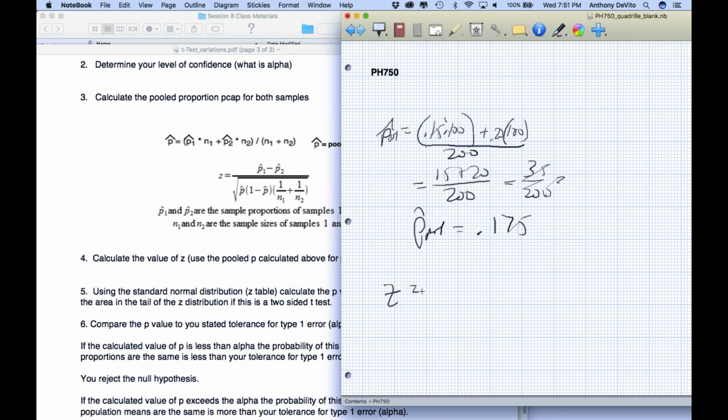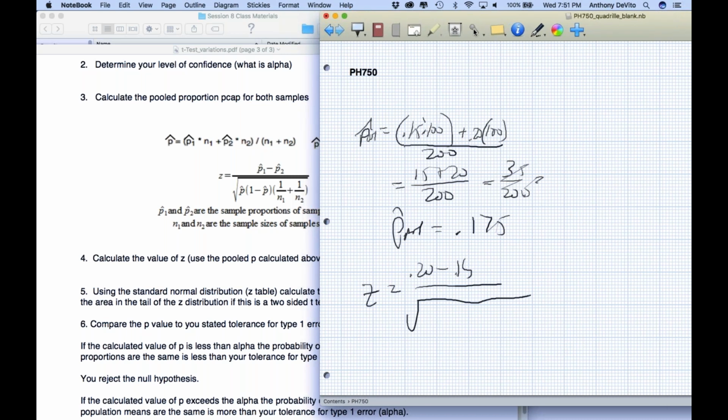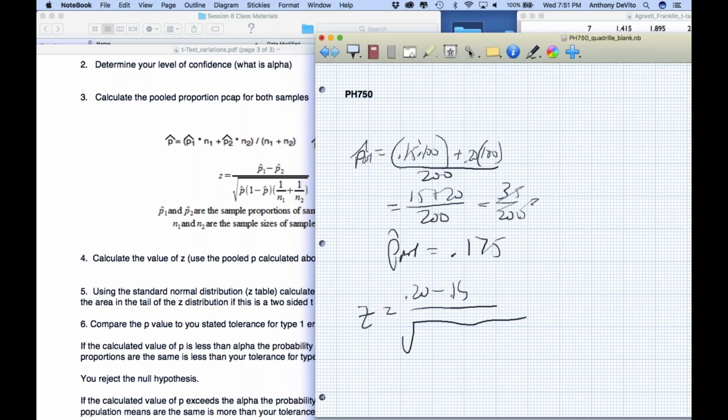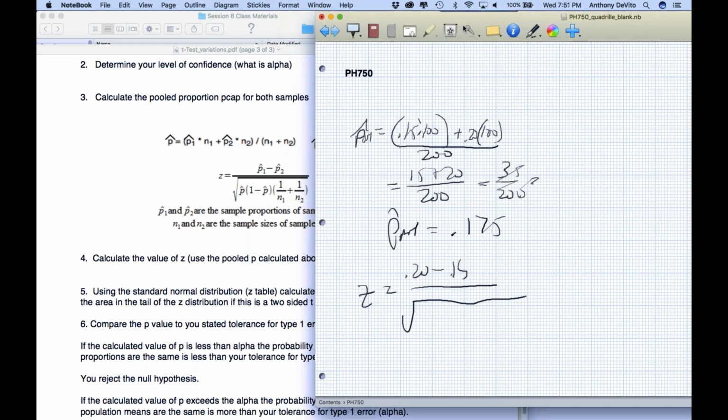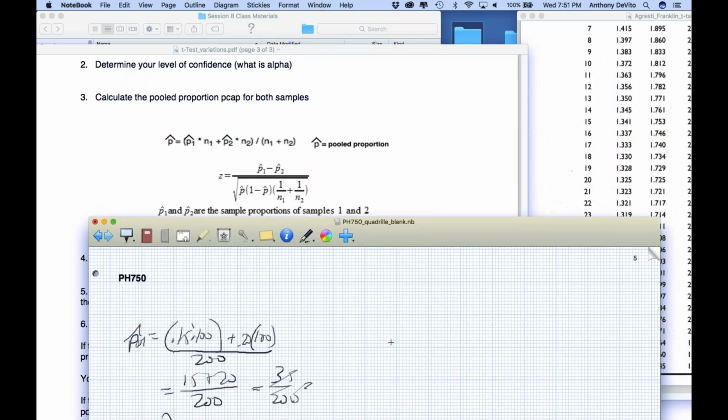So now I'm going to use that to calculate my z-score. My z-score is going to be equal to the difference in the two, which is 0.20 minus 0.15, over the square root of, and I'm going to calculate this out here, so it's a little easier for me. I should have used Excel, right?